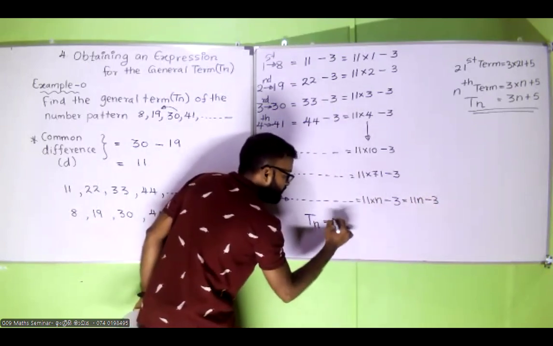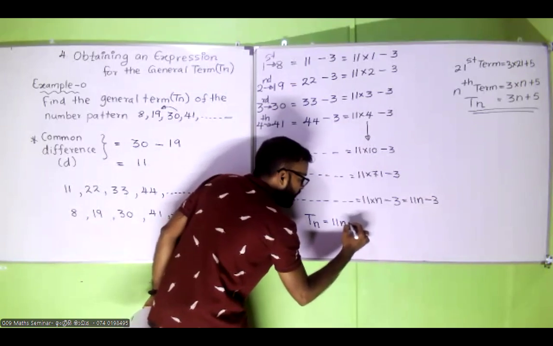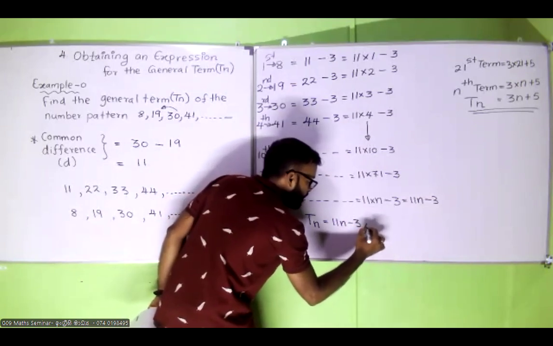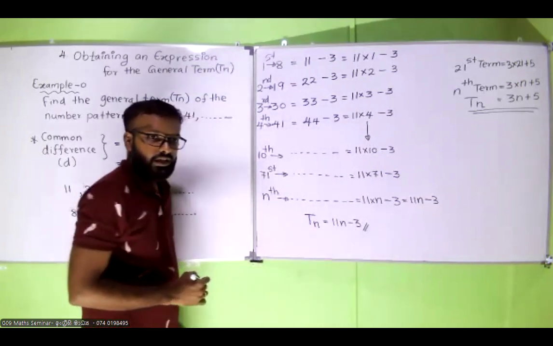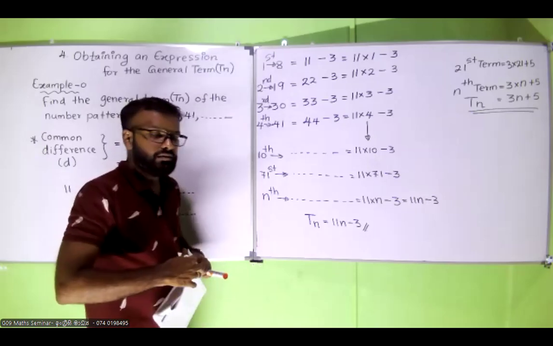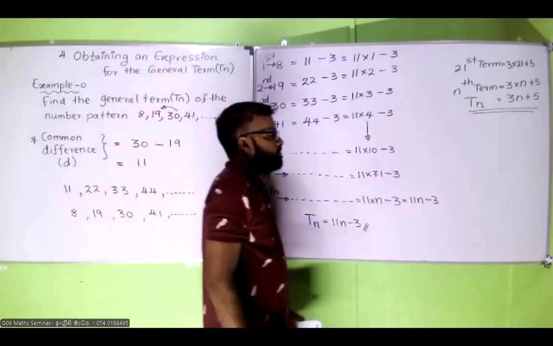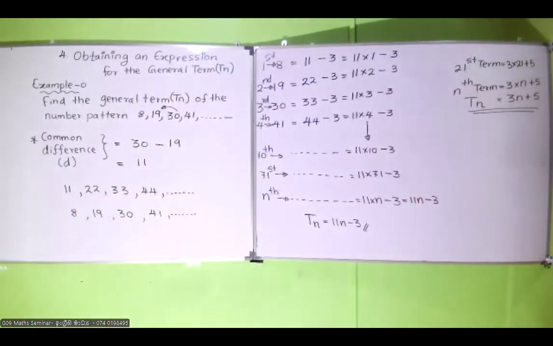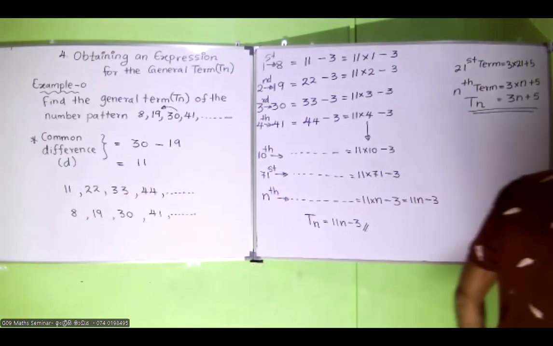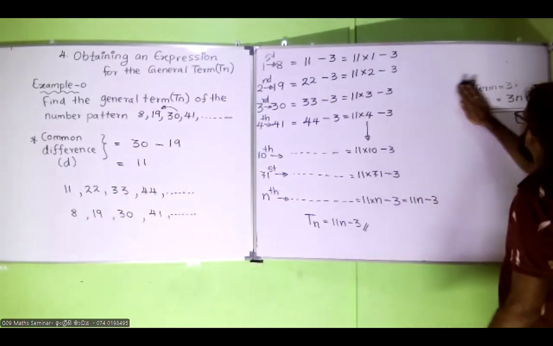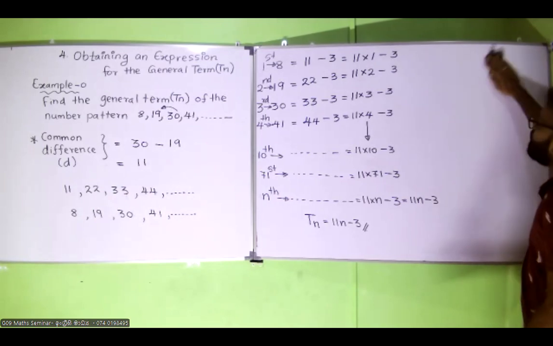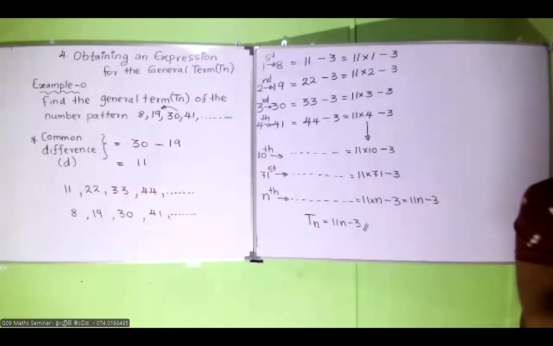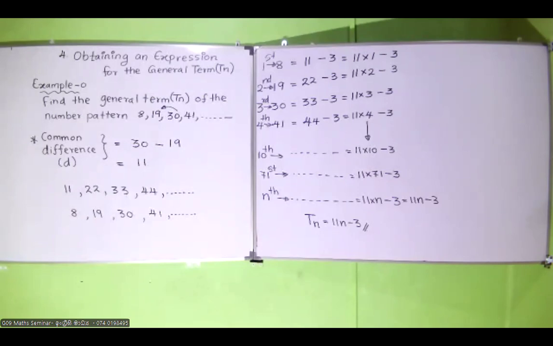Tn equals 11n minus 3. Nothing more than this, but you put a name. Small things to understand.